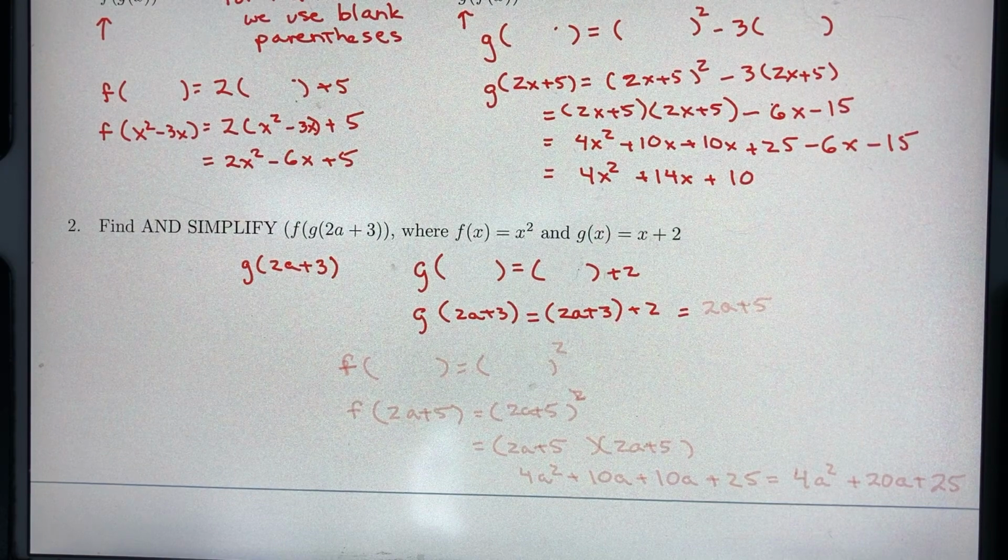We don't need the parentheses anymore, but it's 2a plus 5. So now I'm going to take and plug that into f. So I have f of thing is thing squared. So I'm going to have f of this 2a plus 5. I'll be foiling it out properly in a second, but let's plug 2a plus 5 in. And then we write it down twice like we're supposed to.